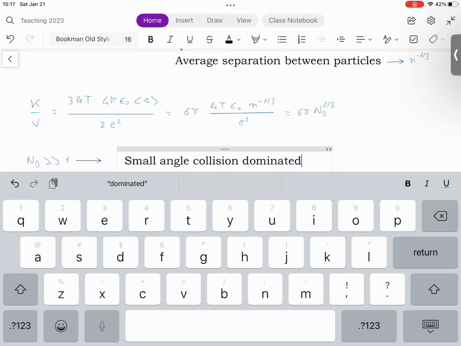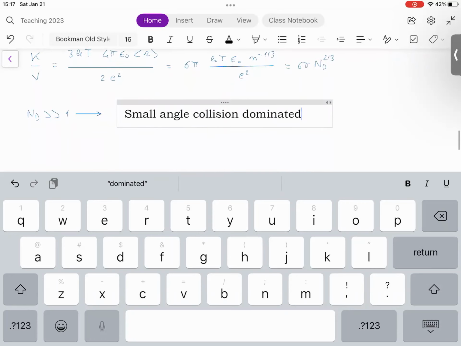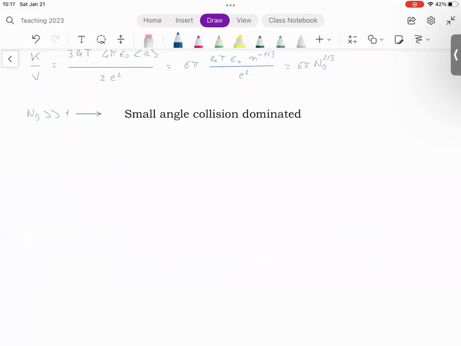Those small angle collisions are going to be all the collisions I have to worry about.